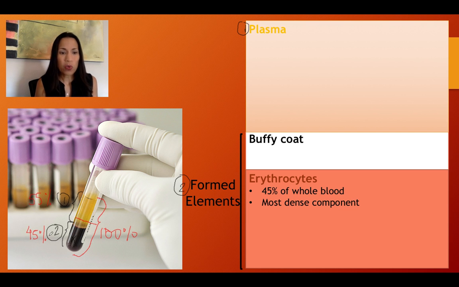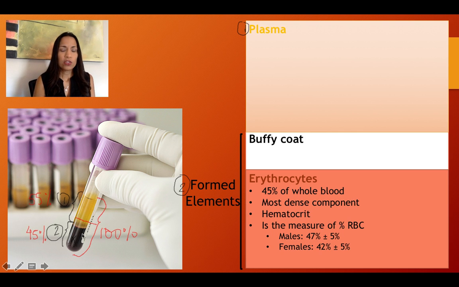This fraction of the whole blood containing only red blood cells, the red part, is called hematocrit. Hematocrit is measured in percentage, and it's telling you the percentage of red blood cells occupying the entire volume of blood. And in this tube is only the red part.